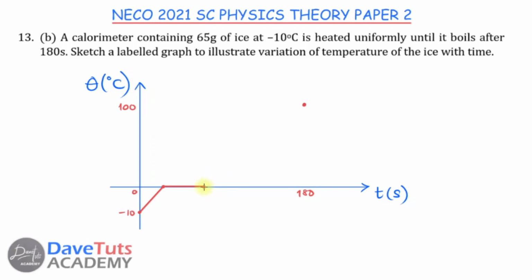And then once it has turned completely to water, it will increase in temperature until it gets to the boiling point of water, which is 100 degrees Celsius. Then after that, it's just going to maintain that 100 degrees Celsius, but vaporization is going to be occurring. So this is actually the graph that we are asked to construct.